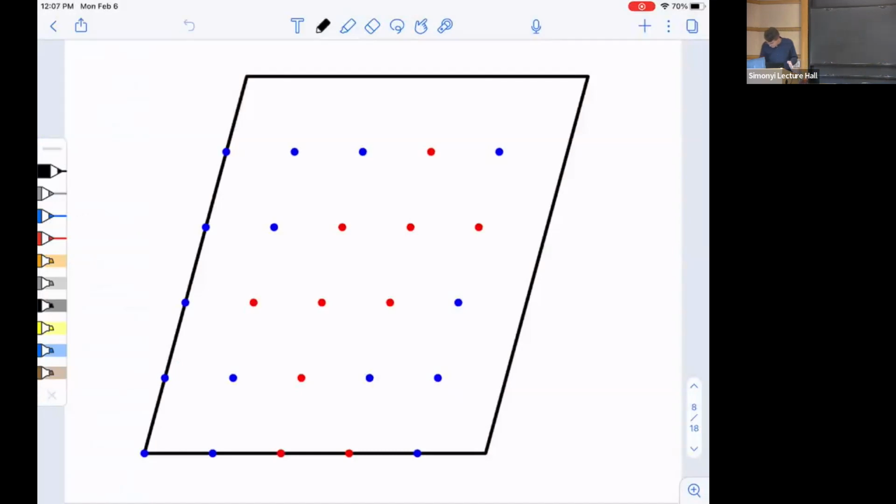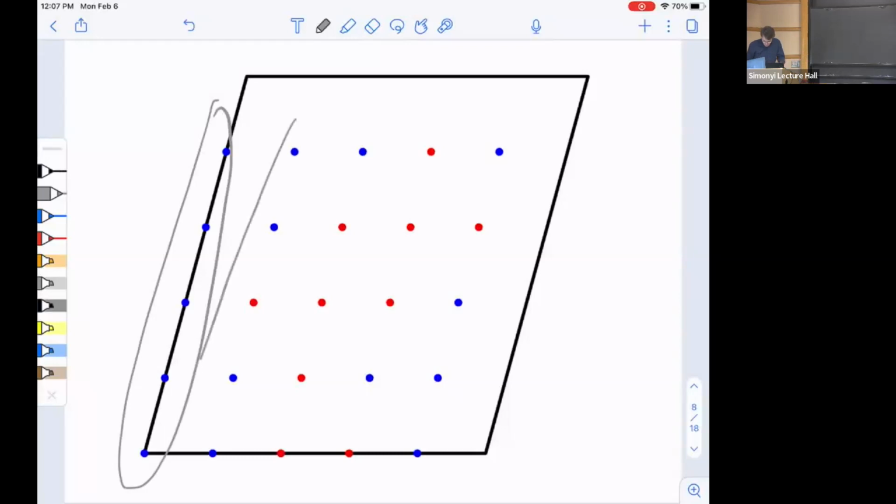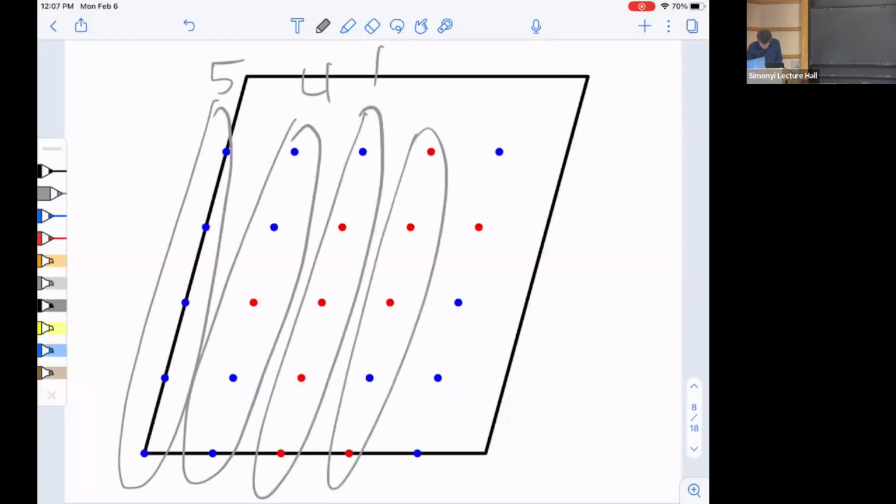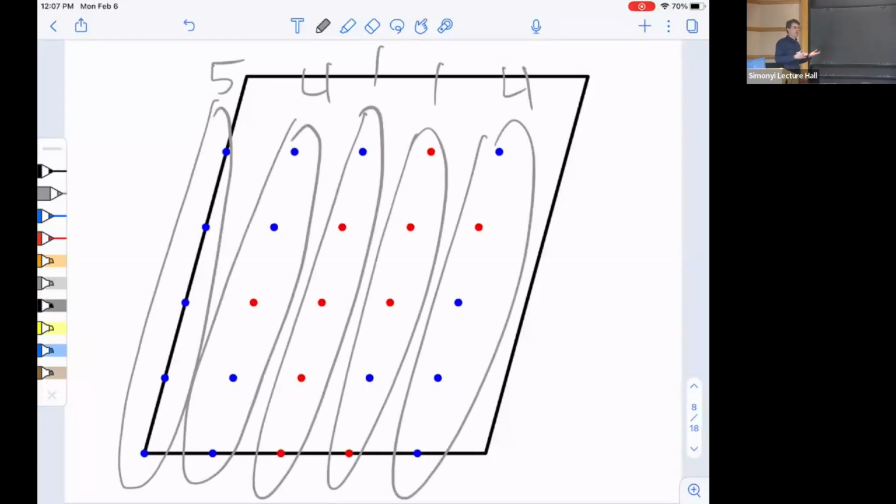Let me take a subspace here, like maybe these 5 points. That's not a good smoothing subspace because the subspace has 5 points in A, and its cosets have 1, 4, 1, 1, and 4. Too many fluctuations.